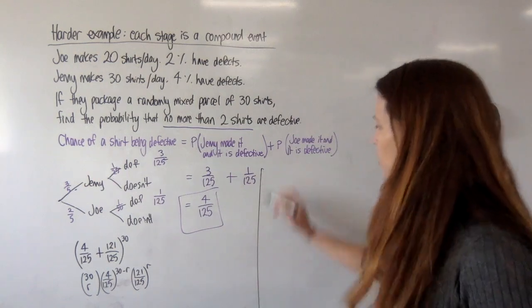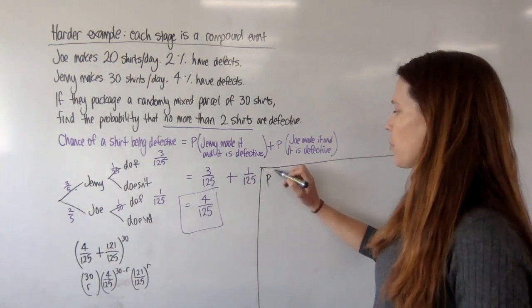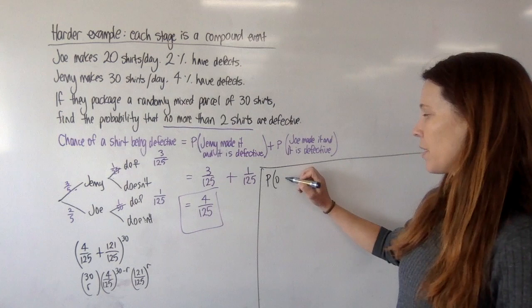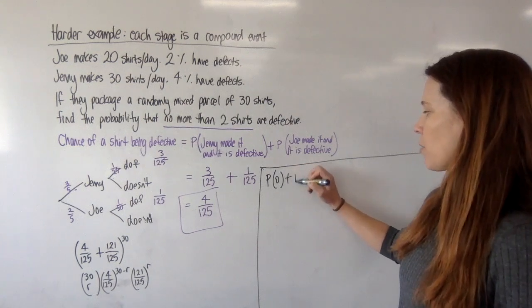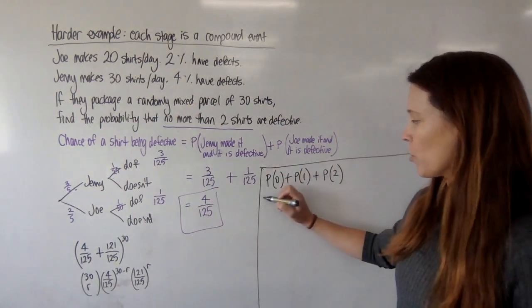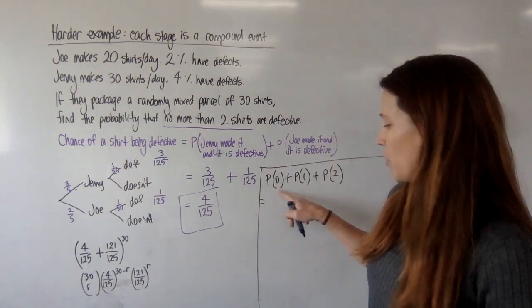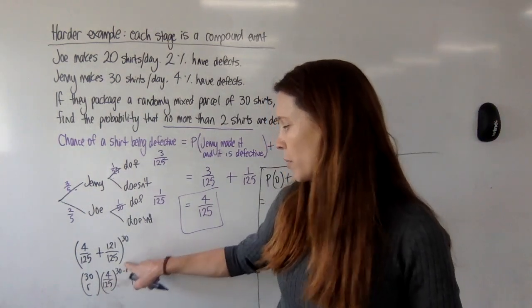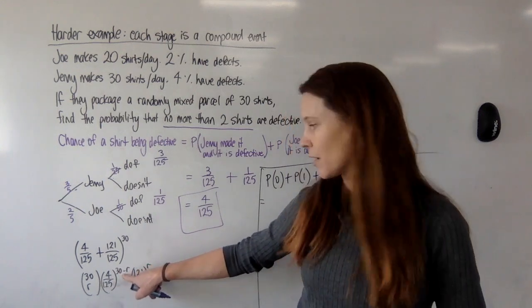So now let's work over here. We want the probability of 0 defects plus the probability of 1 defect plus the probability of 2 defects, but no more than 2. So if we want no defects at all, we want the defect power to be nothing.